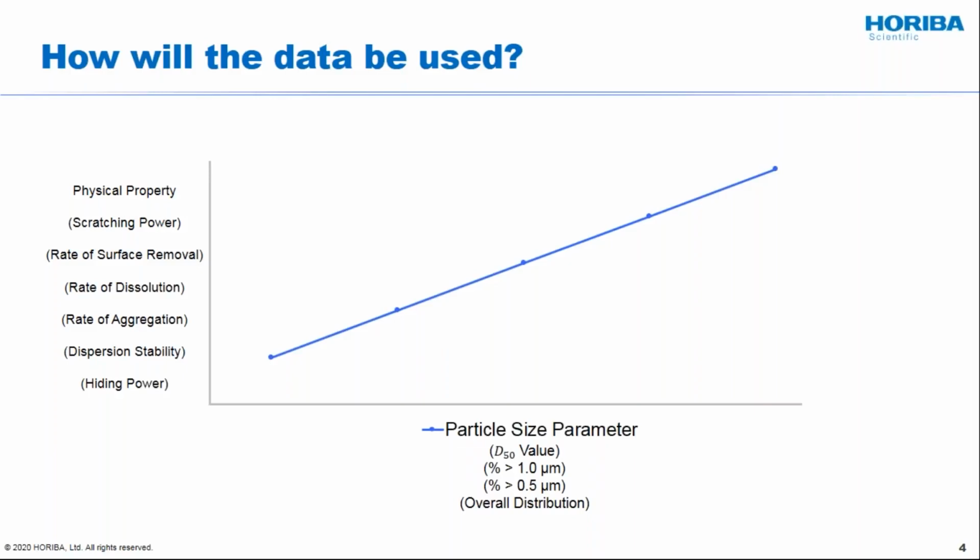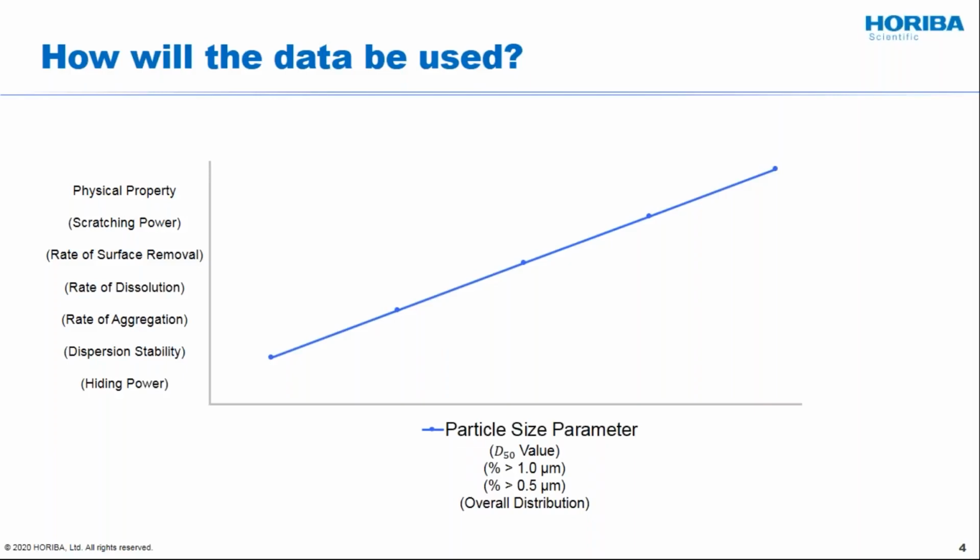It gives you some rough idea of its physical properties, but it doesn't tell you how it is going to perform for your process. So doing this kind of correlation study is always where you want to get to, because at that point you just set a spec according to particle size, and at the end of the day you know what the rate of surface removal would be.